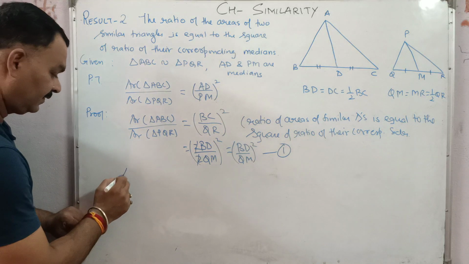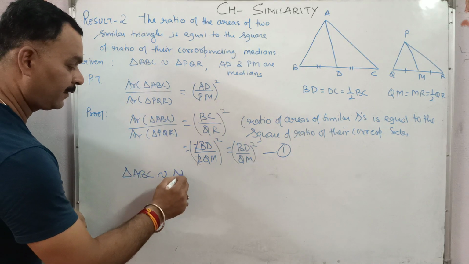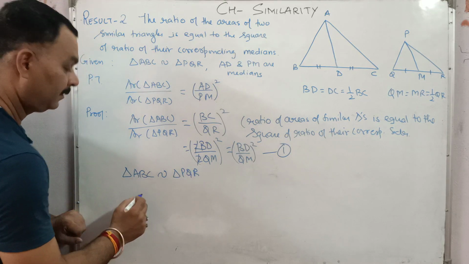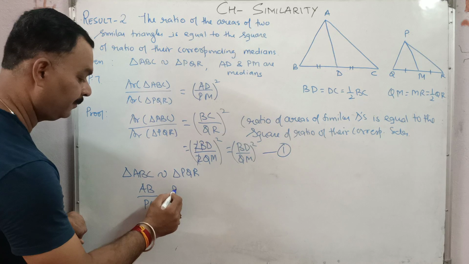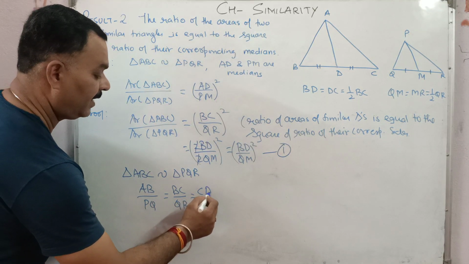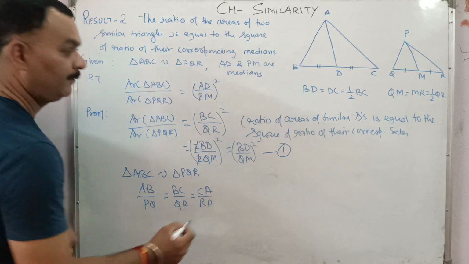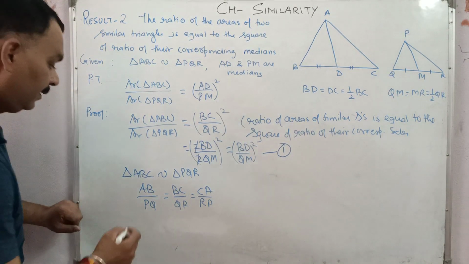Now since triangle ABC is similar to triangle PQR, the ratio of AB upon PQ is equal to BC upon QR is equal to CA upon RP. We all know that the ratio of the corresponding sides of similar triangles are equal.